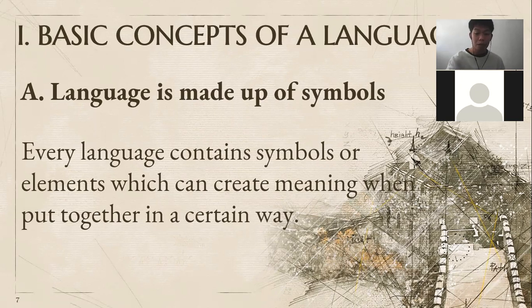Like for example, the word language, it is composed of symbols that represent this specific word. We have the alphabet or the letters. So the letters of this specific word, when you combine them, represent the word itself, which is the language.